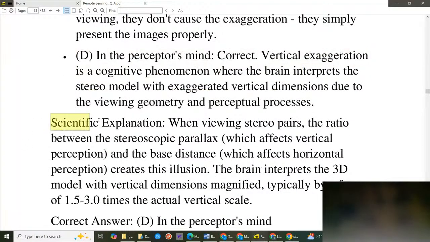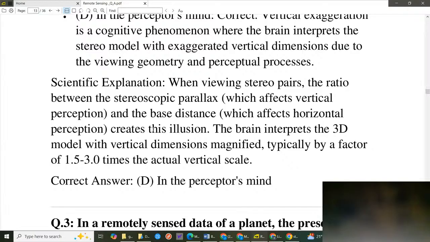Scientific explanation: in stereo pairs, the ratio between the stereoscopic parallax, which affects vertical perception, and the base distance, which affects horizontal perception, creates this illusion, and the brain interprets the 3D model with the vertical dimension magnified by a factor. So, correct: in the perceptor's mind.